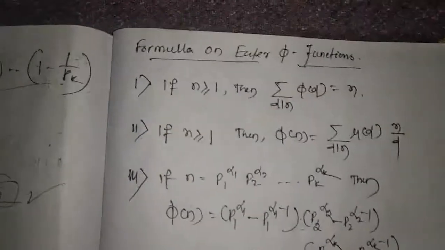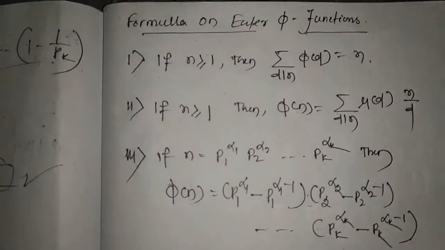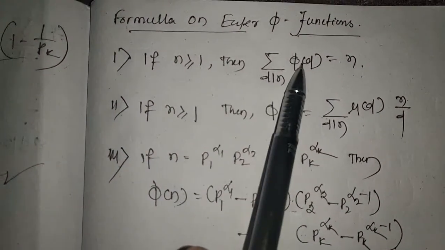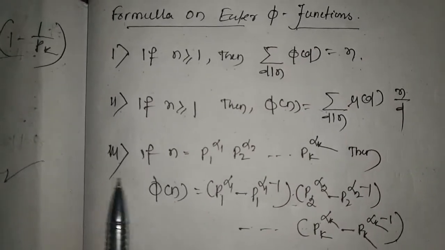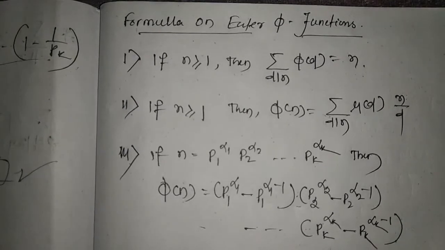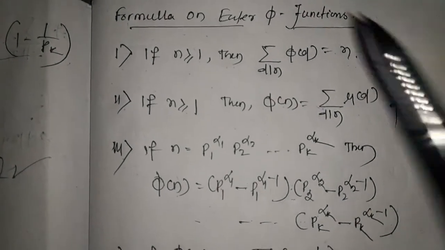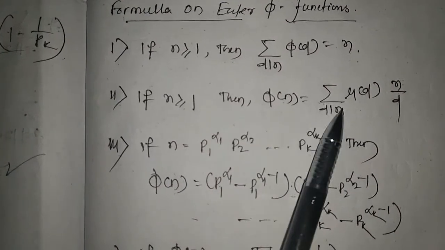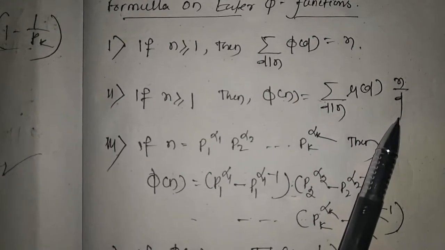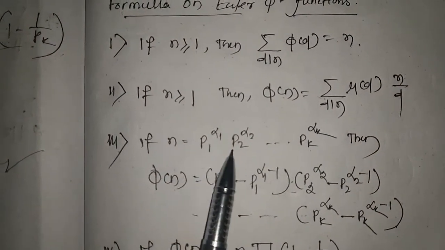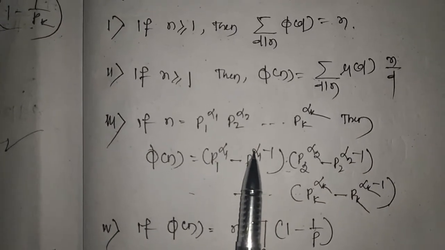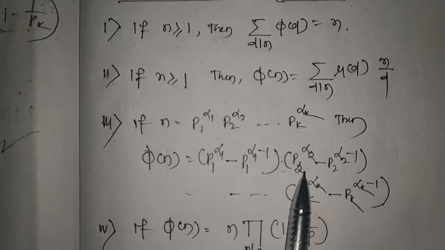Now, some transformations of phi functions. If n is greater than 1, then the summation of phi d over d dividing n is n. We will discuss all these forms of the Euler phi function with examples in our next video. If n is greater than 1, then phi n is equal to the summation over d dividing n of mu d times n by d. And if n is equal to p1 to the alpha 1, p2 to the alpha 2, up to pk to the alpha k, then phi n can be written in terms of p1 to the alpha 1 minus 1, p2 and so on.